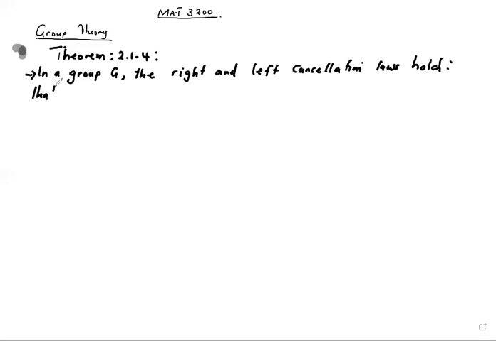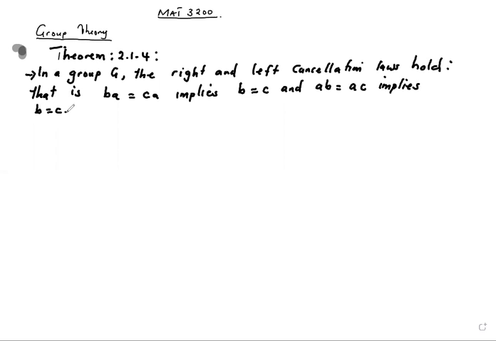That is, BA is equal to CA implies B is equal to C, and AB is equal to AC implies B is equal to C.